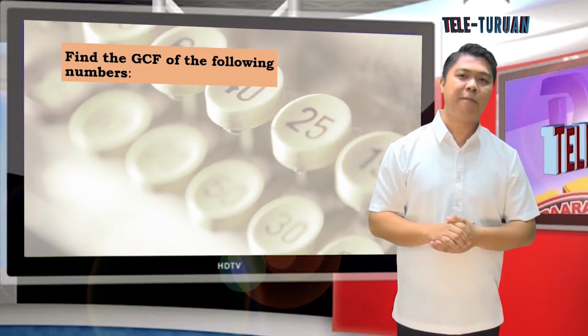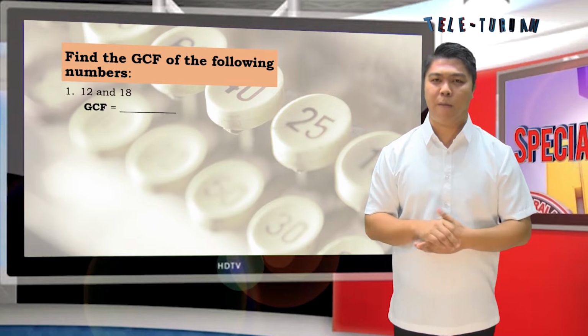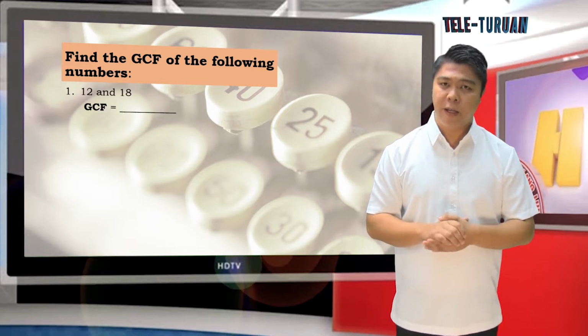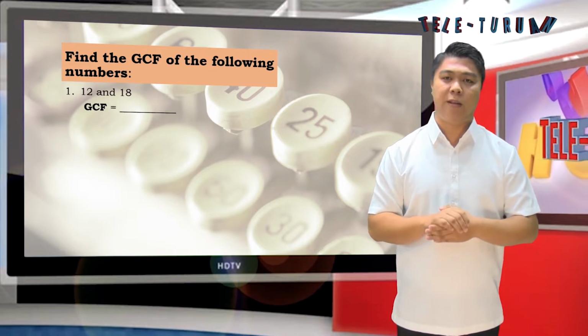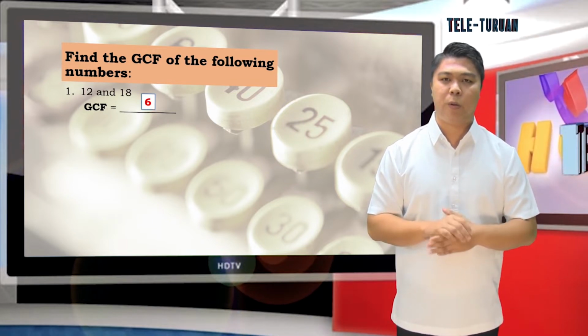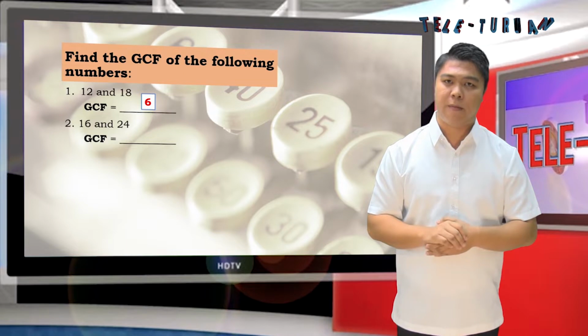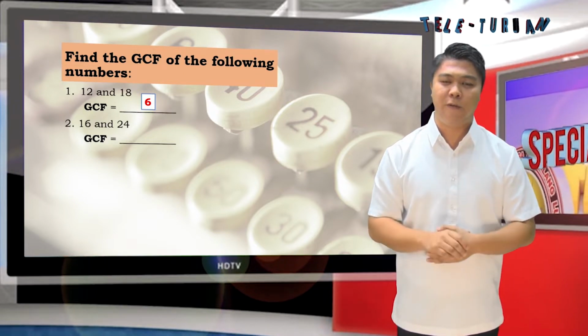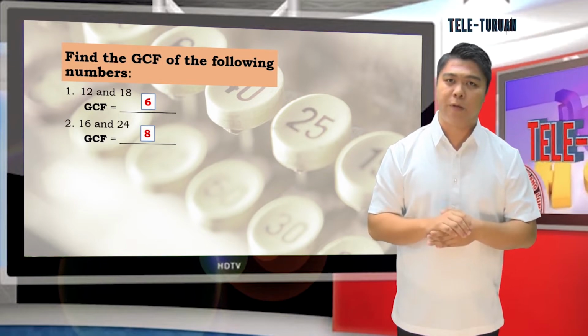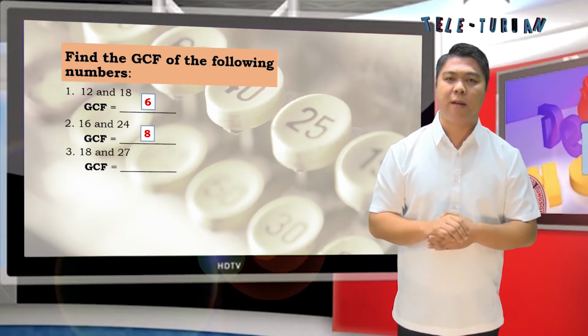Are you ready? Let's begin. Number 1, 12 and 18. Very good. The GCF of 12 and 18 is 6. Number 2, 16 and 24. You are right. The GCF of 16 and 24 is 8. Number 3, 18 and 27.